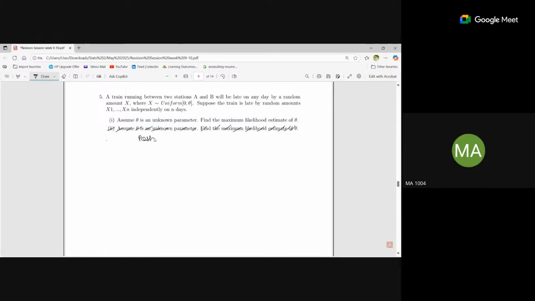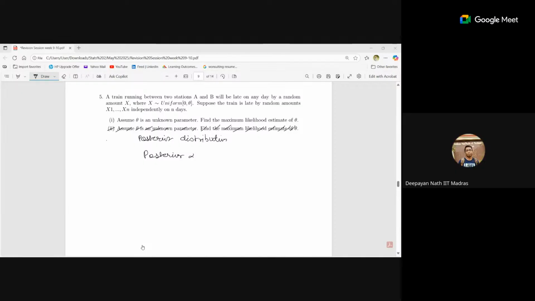And what will be the posterior distribution here? My posterior will be proportional to what? Likelihood into prior. So you calculate and tell me the value. Ma'am, but where is the prior? Uniform 0, theta is given, right?